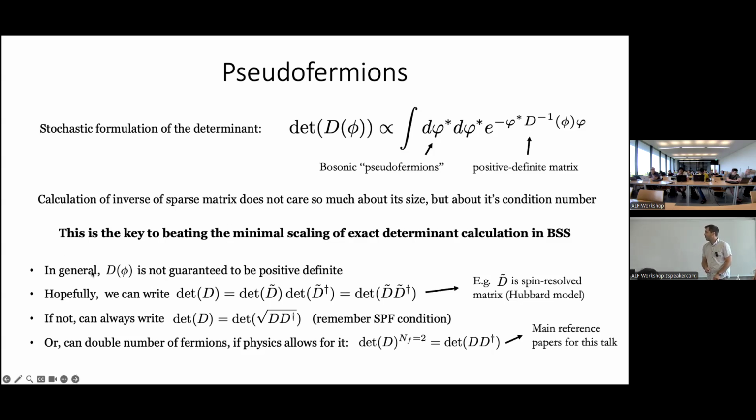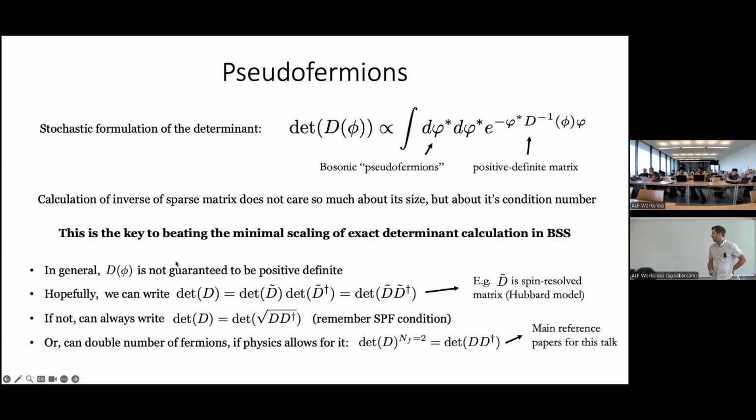Okay, so the next point that I was alluding to before is that in general, this matrix D itself is not guaranteed to be positive definite. Positive definite means that it has only positive eigenvalues. That's a much stronger condition than saying that its determinant is positive.